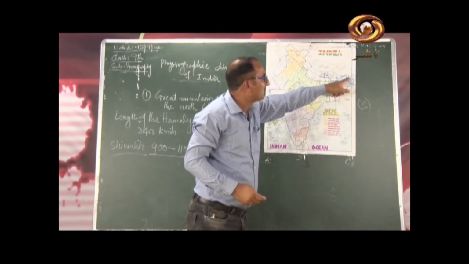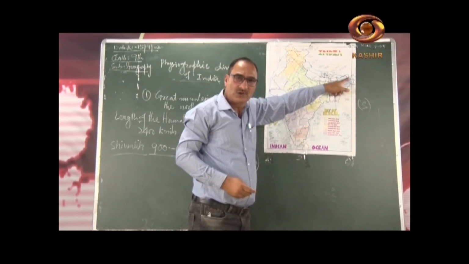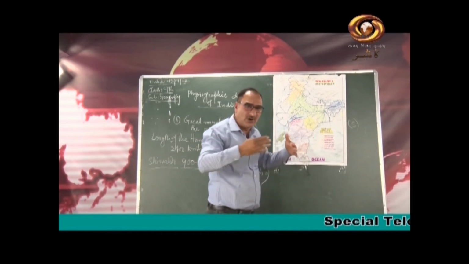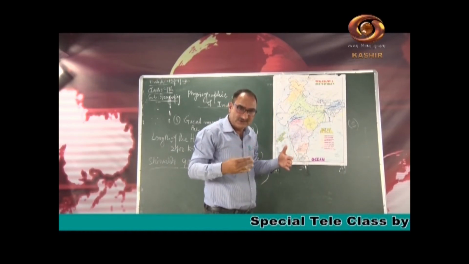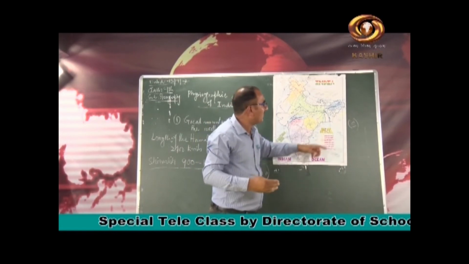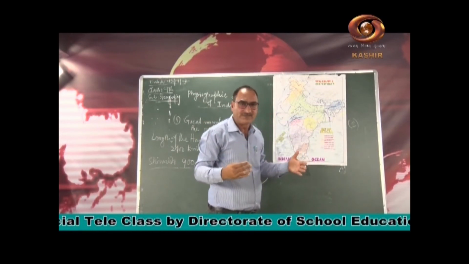Its name is Namcha Barwa, and here the river takes a U-turn and goes through a very deep gorge, which is called Dihang.